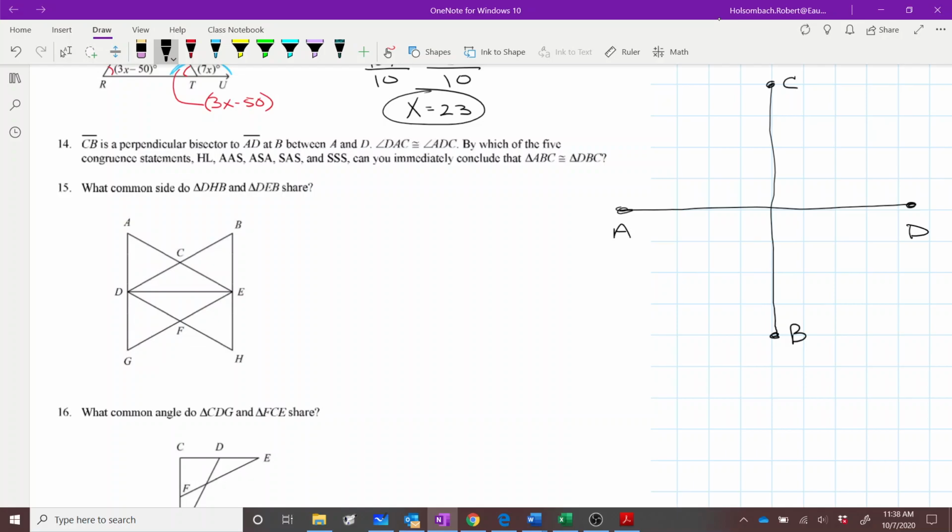It means it splits it in half. Intersects it at 90 degrees. CB is perpendicular bisector to AD at B. Alright, so this is actually point B up here.